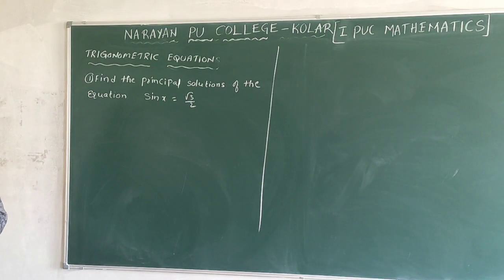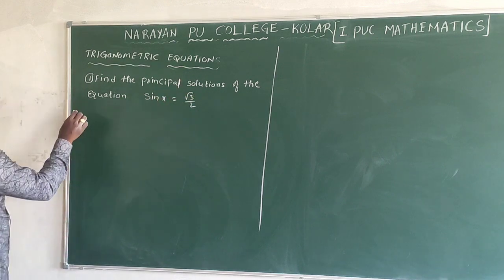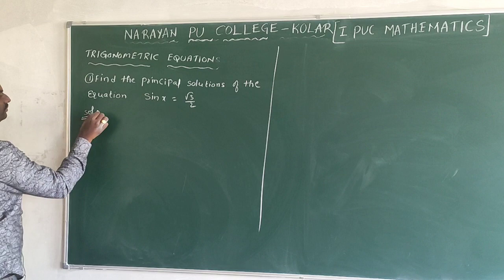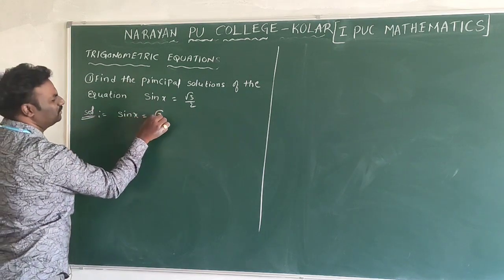See here, root 3 by 2 is positive. You need to be perfect in the ASTC rule and table.